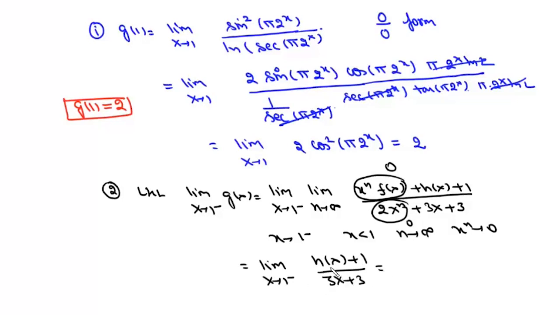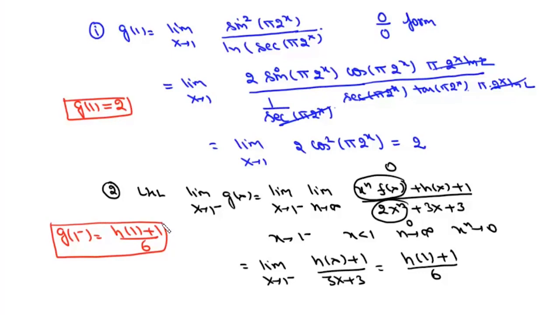Now we put in this limit, this is h(1) negative, and in the question it is given that f(x) and g(x) are continuous functions. So this is (h(1) + 1) upon 6. So our left hand limit, g(1) negative, will be (h(1) + 1) by 6.